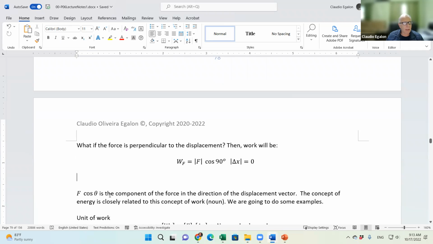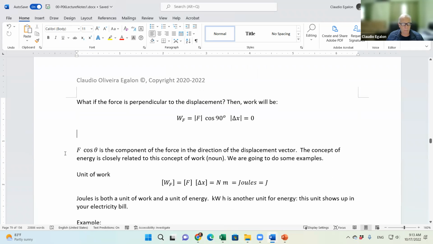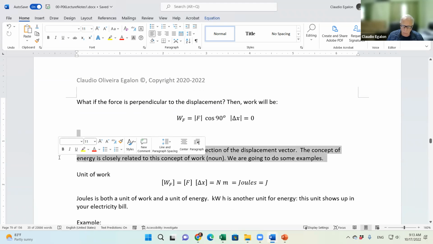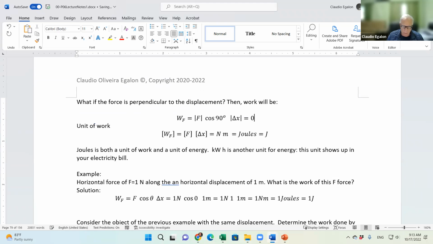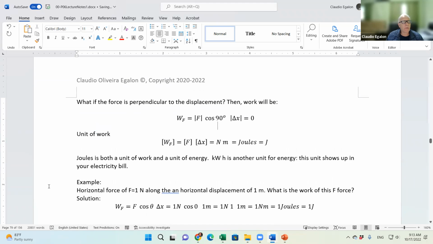So that's what you have to know about the force. What's the unit of work? The unit of work is going to be the unit of displacement times the unit of force. It's going to be Newton meters. And by the way, Newton meters is a unit that appears so frequently in physics that we call it the joules.